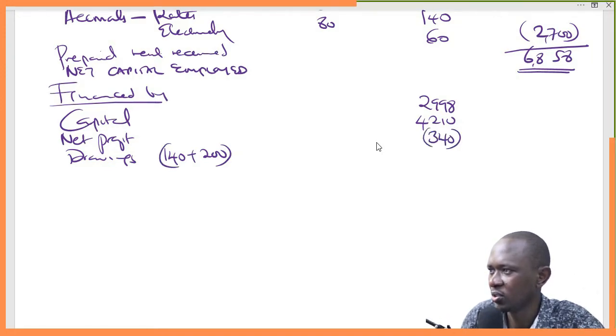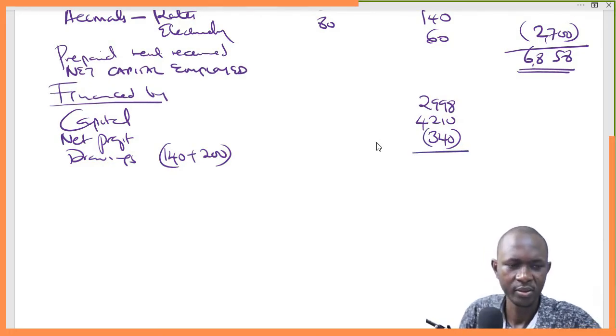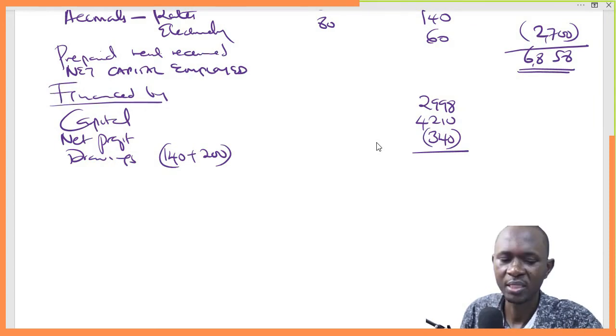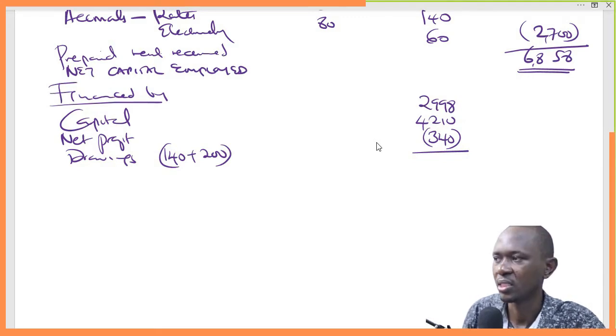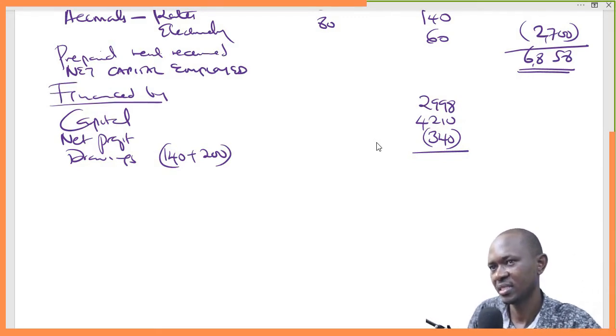And normally drawings we less. So we less that to get the capitalization of the business. That is 2998 plus 4210 minus 340. What do you get? 6868. Oh, it was even the answer.